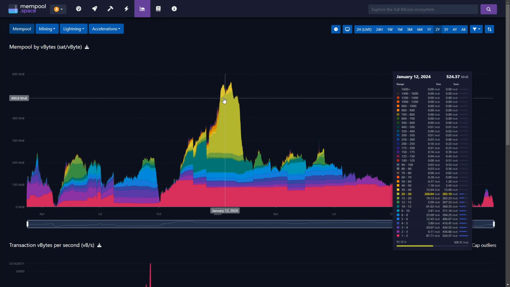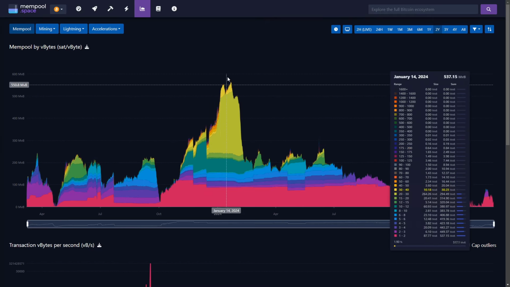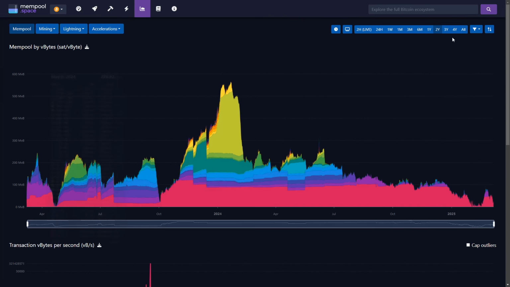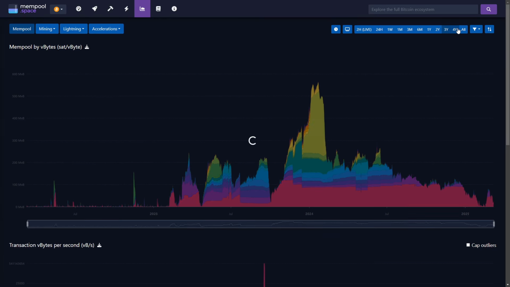And this is where fees really peaked. So the mempool had nearly 565 megabytes of data, which I believe is the highest ever in the entire history of Bitcoin.